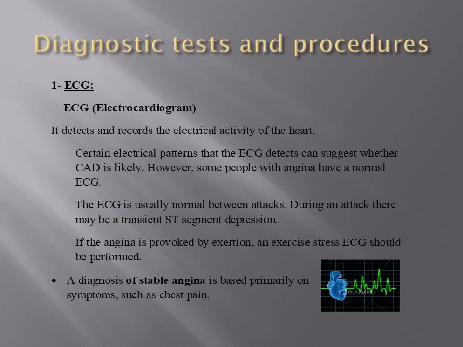It can detect and record the electrical activity of the heart, and a certain electrical pattern in the form of ST segment depression can diagnose or suggest chronic coronary syndrome. But some patients, about 50%, have normal ECG in between the attacks, and the ECG may change only during the attack, so it is a weak diagnostic test.